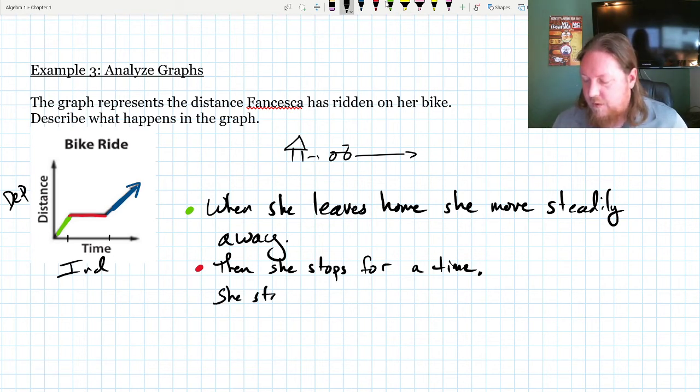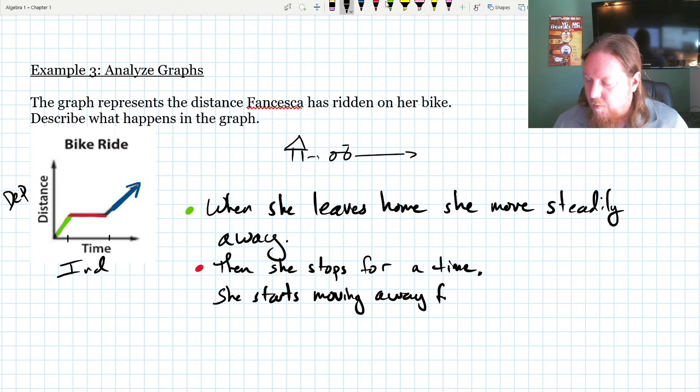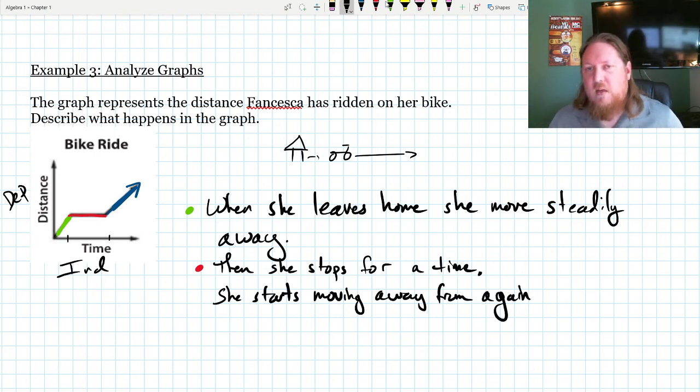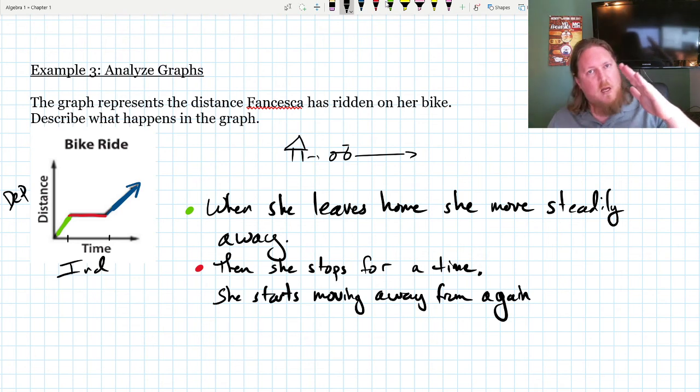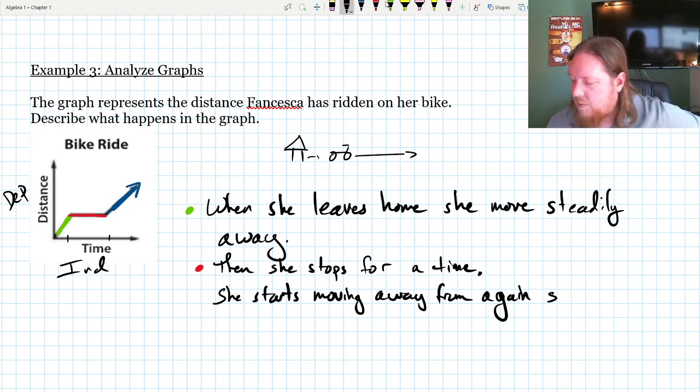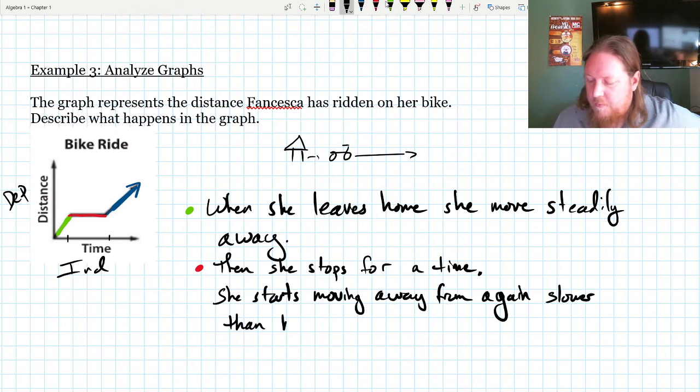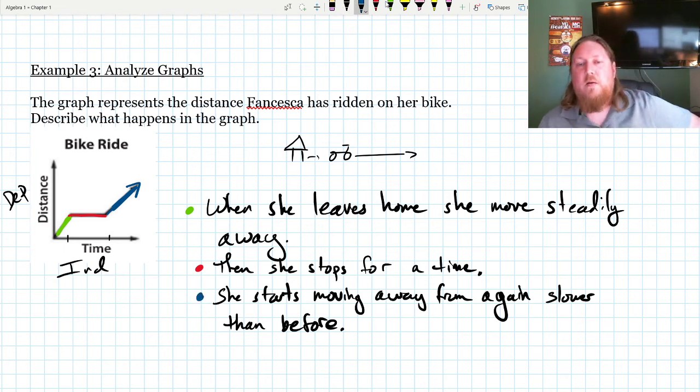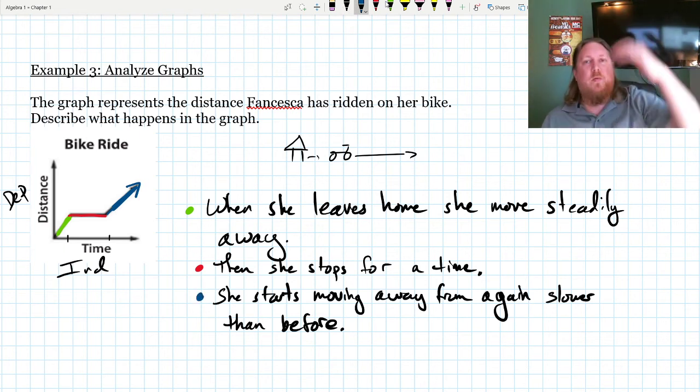She starts moving away from home again. And to me it looks like it's slightly not as steep, slower than before. And that is the blue part of the graph there. So that's how you describe it.